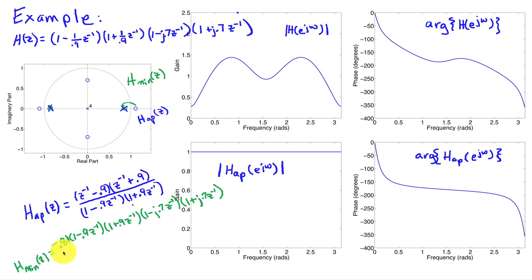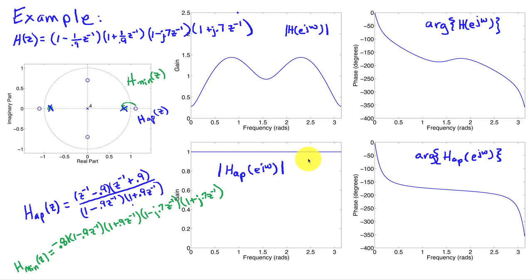So my minimum phase component can be written as I've shown here in the green, and you'll note that I've reflected the zeros inside the unit circle. So we have a zero at 0.9, another zero at minus 0.9, and then there's a scale factor of minus 0.81 that comes out when we rewrite the all-pass component as z inverse minus 0.9z.